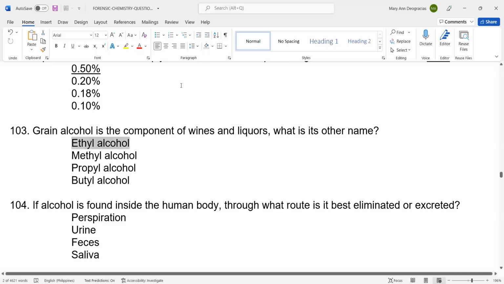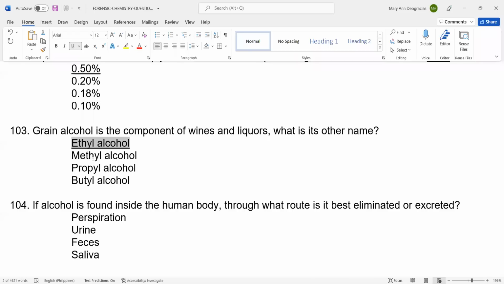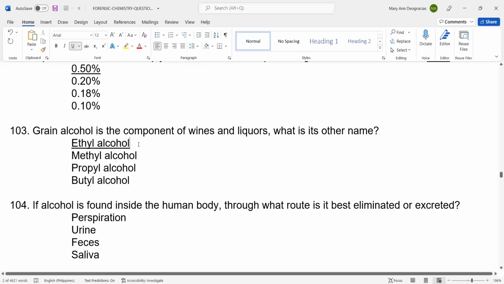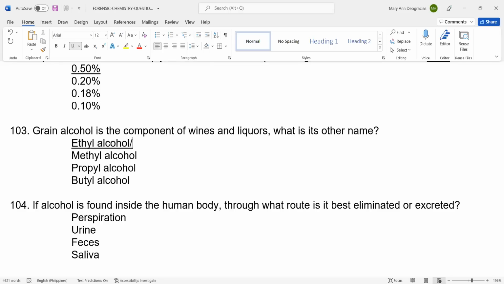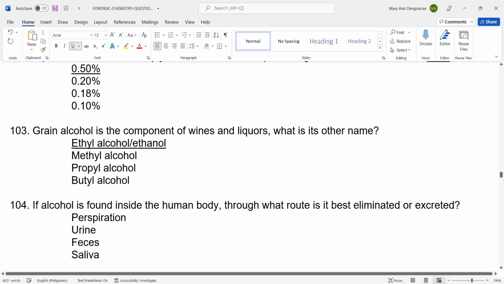That is because of methyl alcohol. Bakit nakakamatay yan? Kasi yung methyl, pag nag-oxidize yan, nagiging formalin. So, ang alcohol na nasa alak natin, guys, is ethyl alcohol, or also known as ethanol.